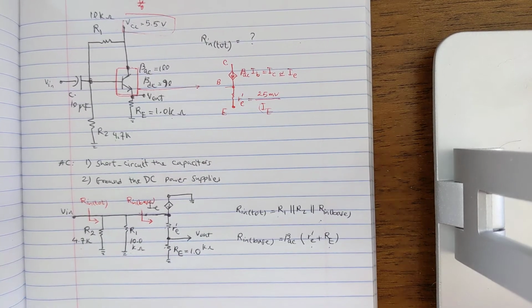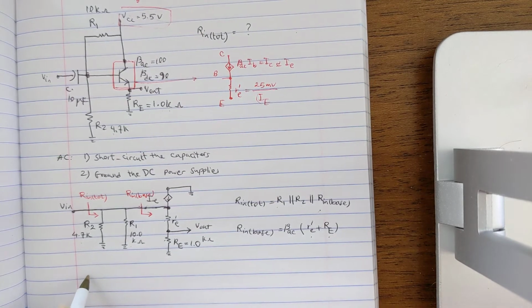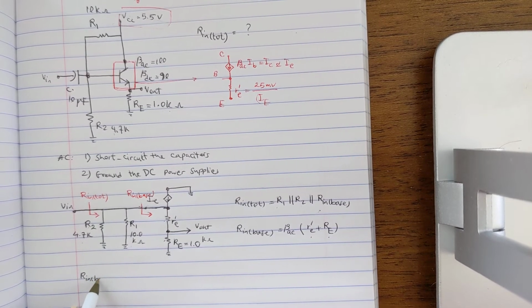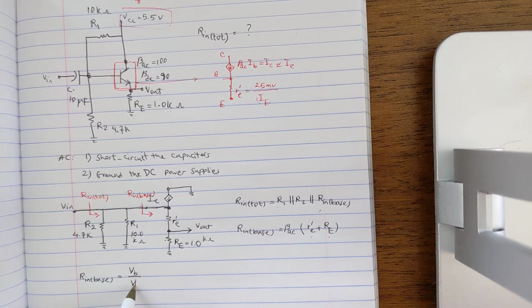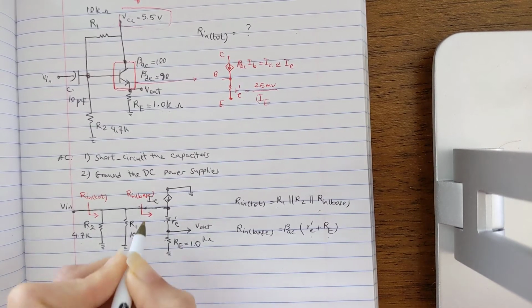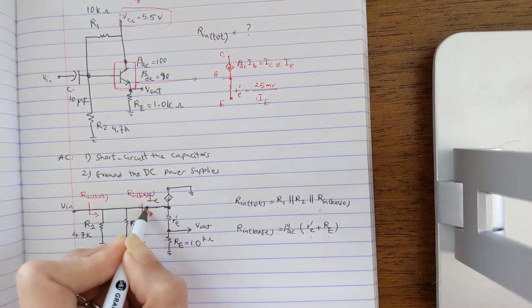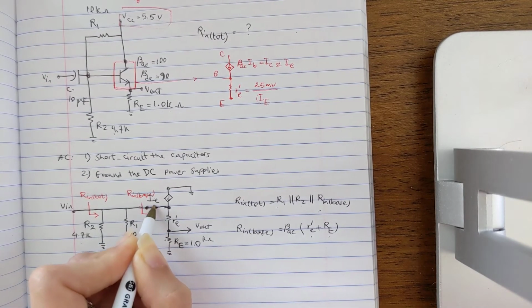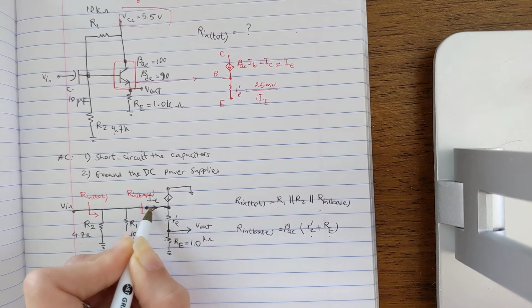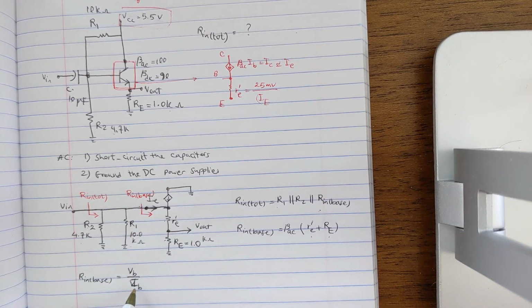If you don't remember this, you can just use basic circuit theory and say R in base is basically, through Ohm's law, VB over IB. The voltage at the base, to the current that goes through the base, which is IB.